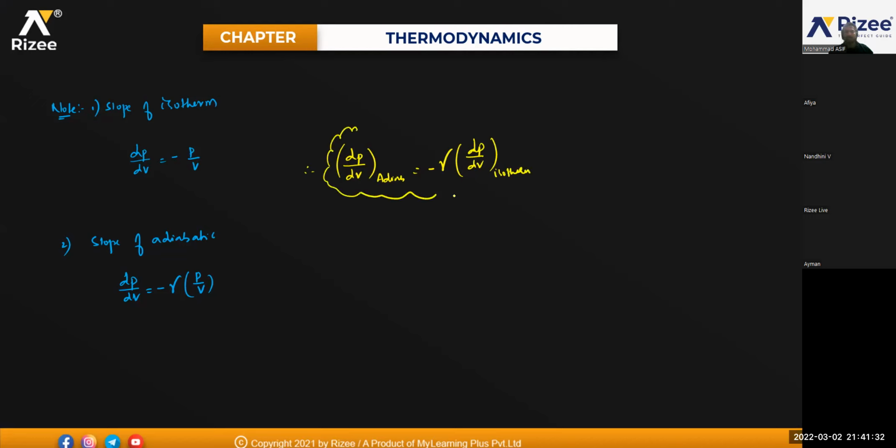So slope of adiabatic is equal to minus gamma times slope of isothermal. Clear?